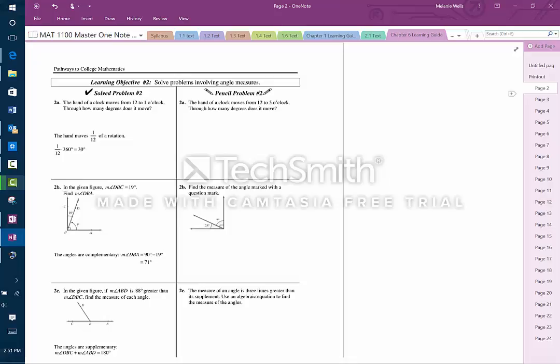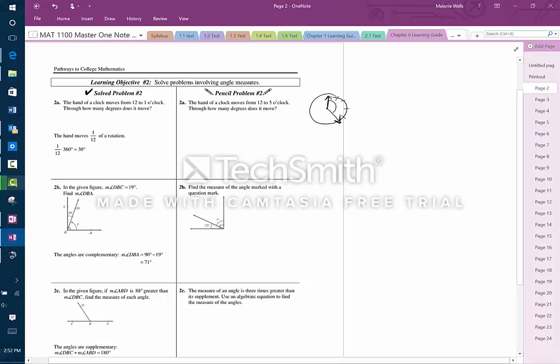Okay, let's look at number 2, which deals with angle measures on a clock. It says a hand of a clock moves from 12 to 5 o'clock. Through how many degrees does it move? What you'll learn in your text and know is that a circle has 360 degrees. And so if a hand is moving from 12, so 1, 2, 3, 4, 5, it's going to move all the way around to the 5 o'clock position. Notice that is obtuse.